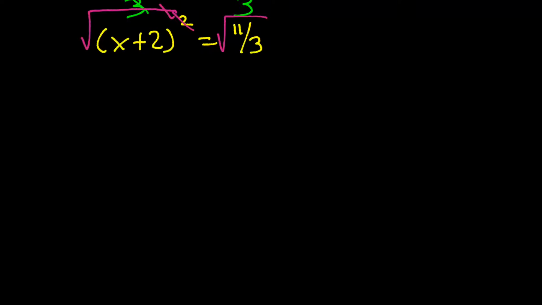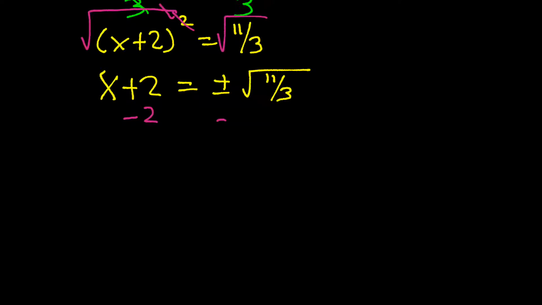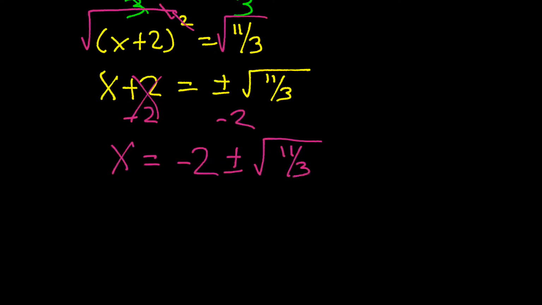I now have the quantity x plus 2 equals plus or minus the square root of 11/3. Last step, get rid of our plus 2 by subtraction, and we end up with x equals negative 2 plus or minus the square root of 11/3.